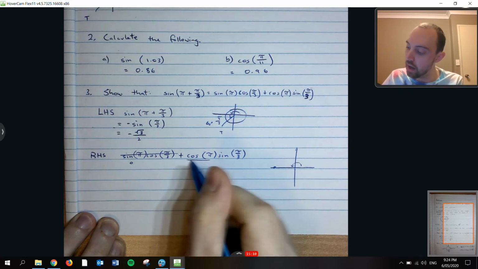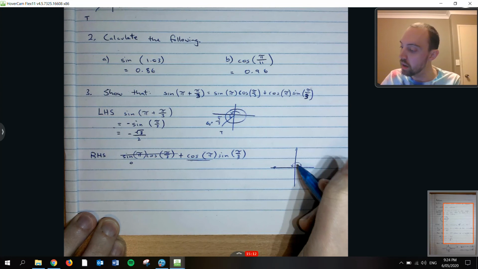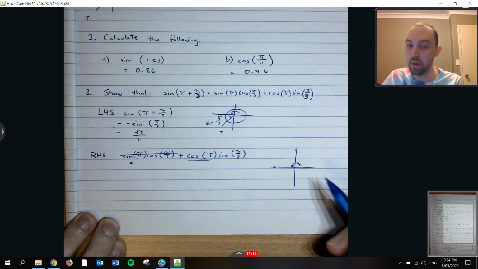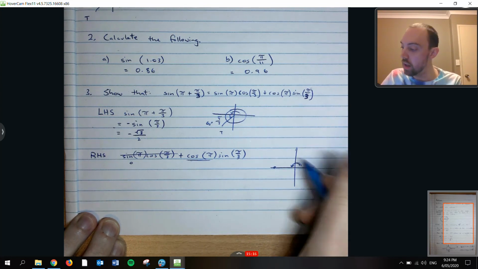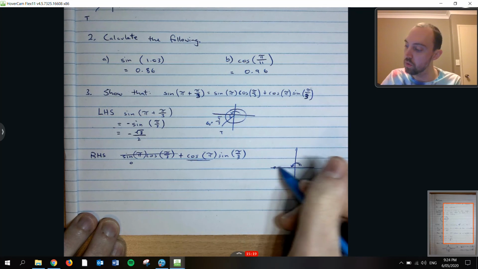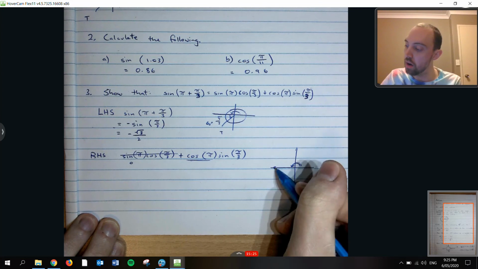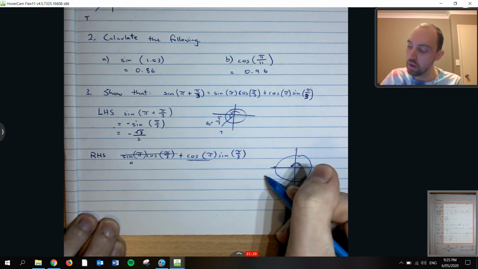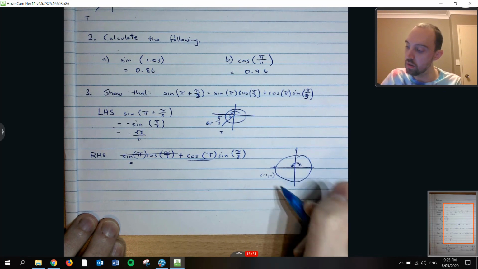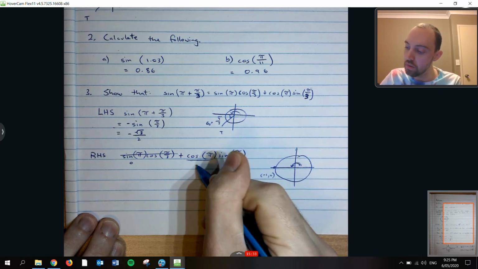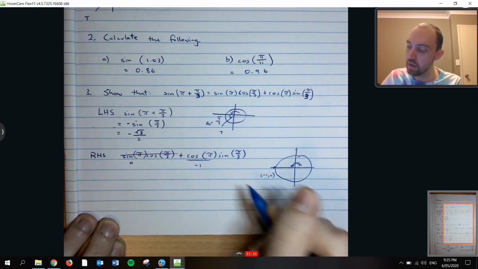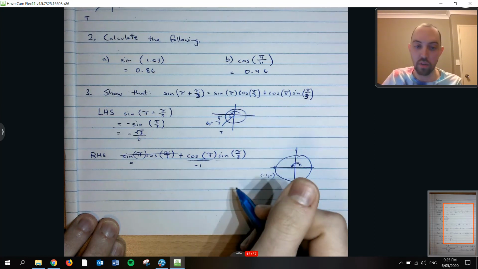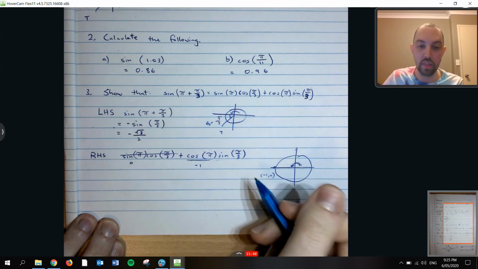Cos of pi, again, we are halfway around that axis, or to the negative side here. We're talking about the x value because it's cos. So how far are we in terms of our unit circle? We're at -1, 0. Cos of pi is -1, and sine of pi on 3, we've actually already done that.